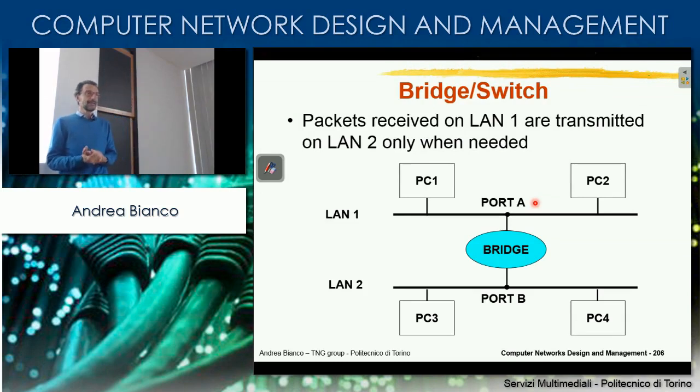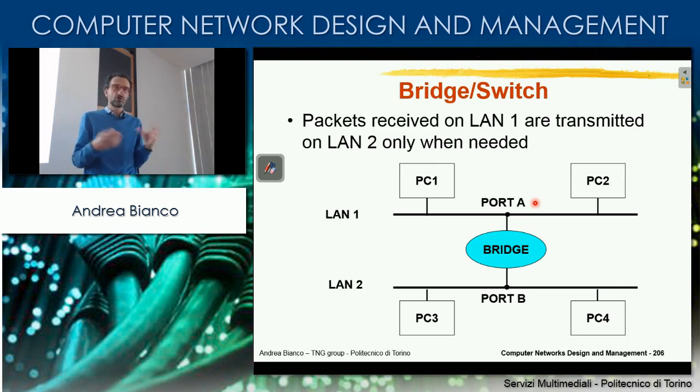So again, the idea is that the switch should forward only if it's needed, and needed means that this packet has to go to this LAN to reach the destination. Otherwise, I don't have to do that. That implies that somehow switches should be aware of where stations are connected. Because if you don't have any idea about where the stations are connected, the only way to ensure that you will reach the destination is to send everywhere. Clear?